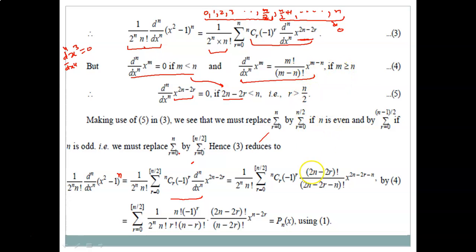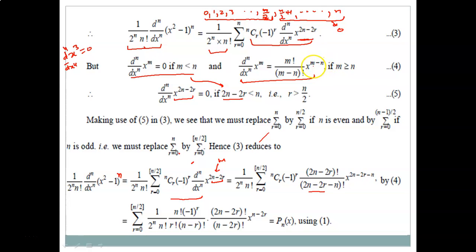You write it in this way: in place of m we are having 2n minus r. So here you can write 2n minus r factorial, and in place of m again you write 2n minus 2r minus n factorial, and here it must be x raised to power m minus n.